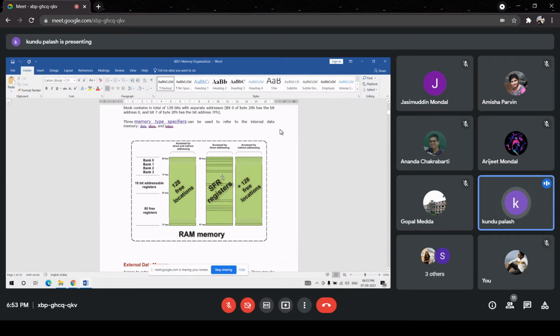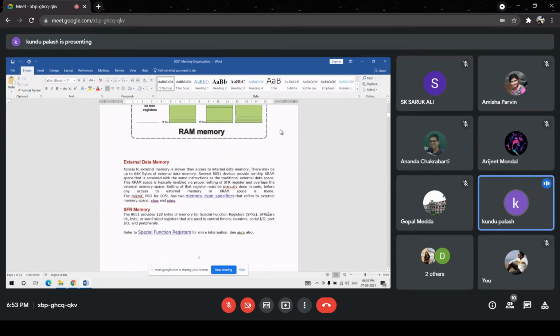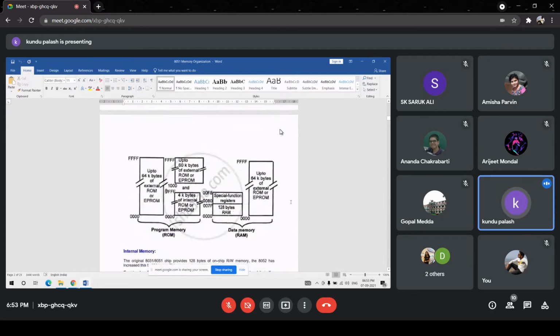What are the internal blocks? The name of the internal blocks is SFR registers, the special function registers. Okay, I will discuss what is meant by the special function register. Plus 128 bytes of locations, which combines to 256 bytes. But external data memory, this is the actual view.